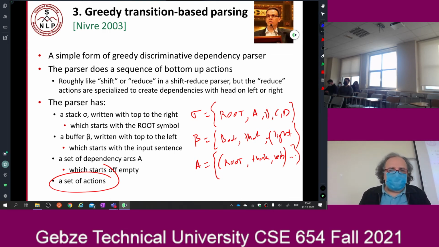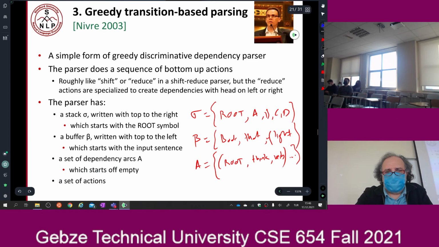As always, we will define our data structure. We have a stack, sigma, a buffer, beta, and dependency arcs, A. At the beginning, these dependency arcs are empty. Our sigma is a stack; at the beginning it has root in it.